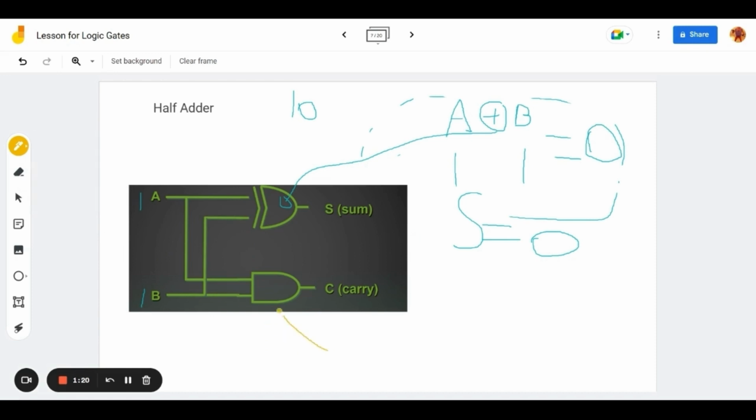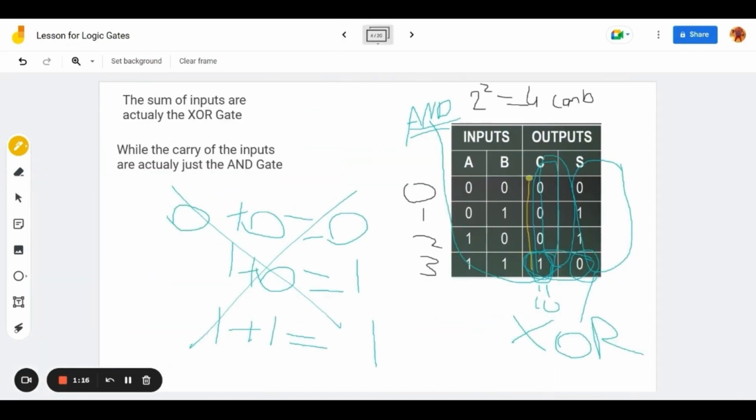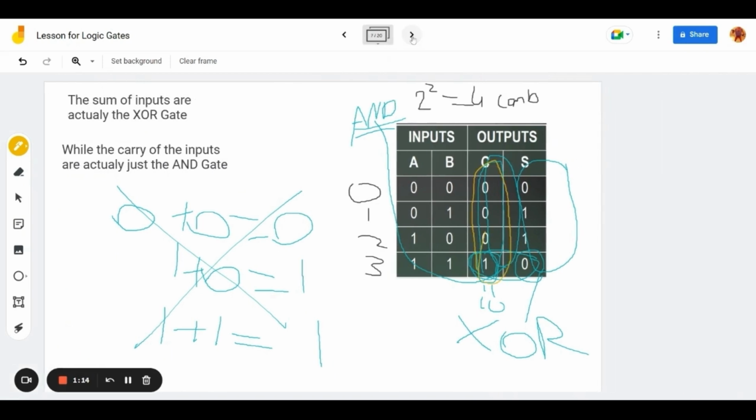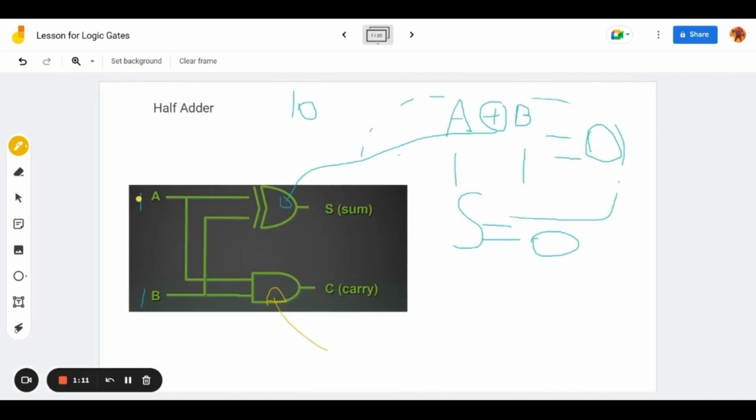In the carry part, it'll represent this column over here. And now we're going to multiply the two ones together. 1 times 1 equals, well, you guessed it, 1. And because the carry isn't going into any other adder, as when I show you what full adders are, you will see that the carry gets moved on to the next adder.